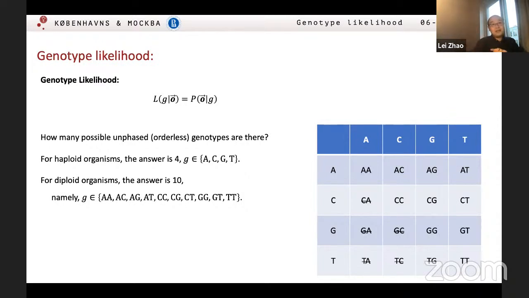To make it easy to understand, we order them alphabetically, so we throw away the CA but keep the AC. If we build this kind of matrix, we can count the upper triangle of the matrix. There will be only 10 possible genotypes, and we will calculate 10 possible genotype likelihoods.